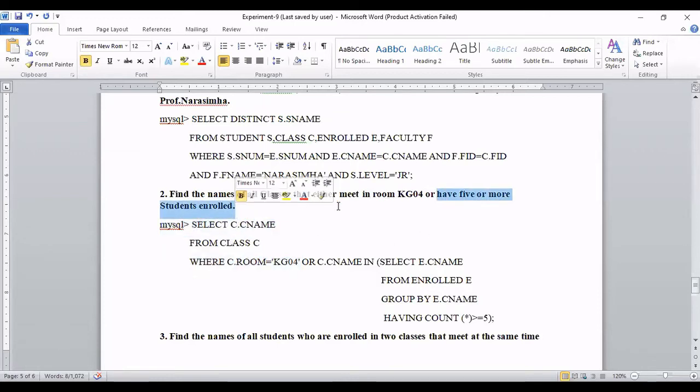I cannot take both conditions at a time by simply putting an and, because, as I told in the experiment just previous to this, one is a single row query and one is a multiple row query. The room condition is a single row query, so you can directly compare it with a where condition. But 5 rows or more is not a single row query. If both were single row queries, you could directly put an and.